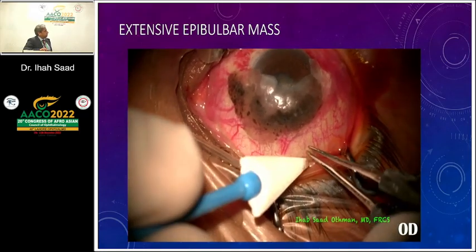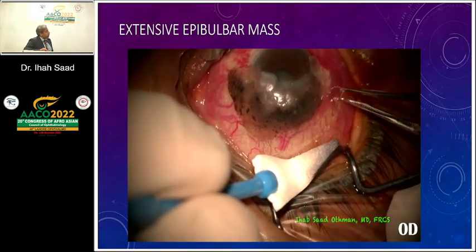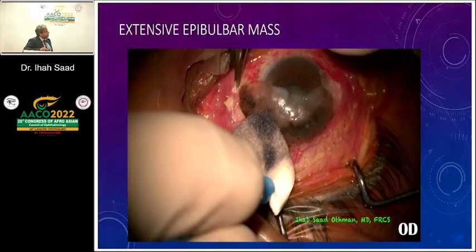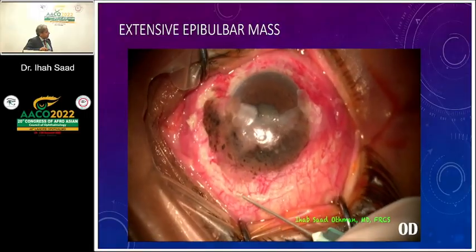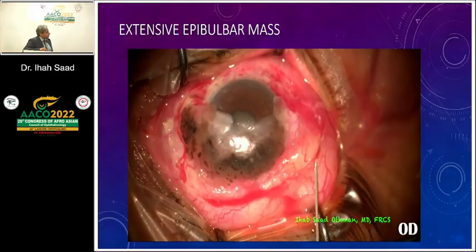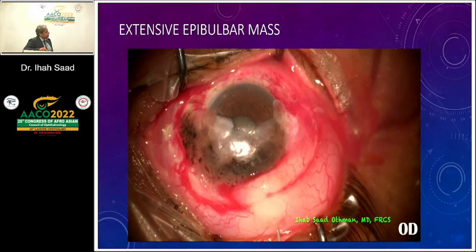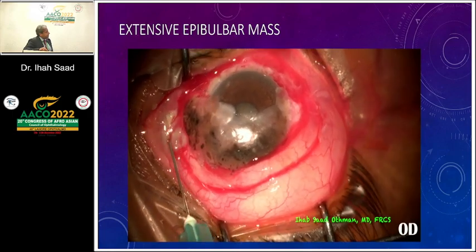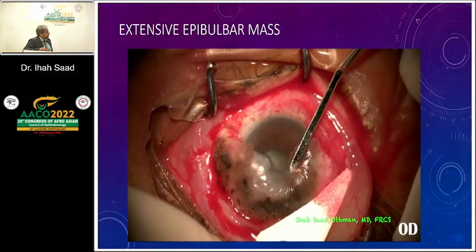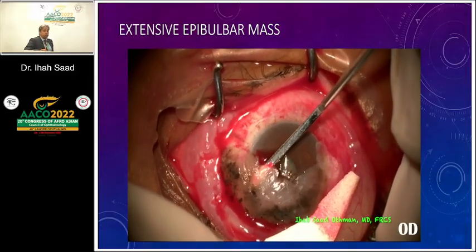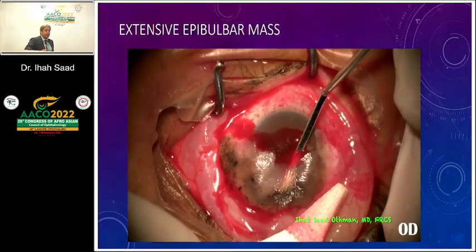So for such lesions, enucleation would be a solution, but having seen the investigations and looking into the investigations ourselves, we decided to try conservative treatment. We will take a 3 to 4 millimeter safety margin, cauterize the vessels, inject xylocaine adrenaline, and with a blunt spatula, we could go under the tumor that was really not invading the epithelium.